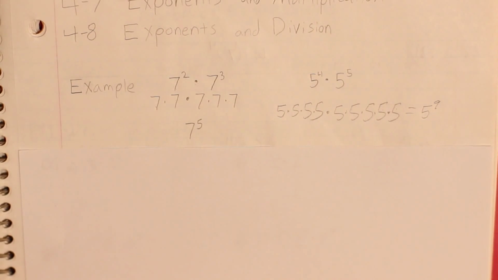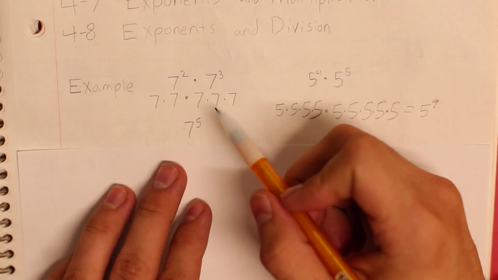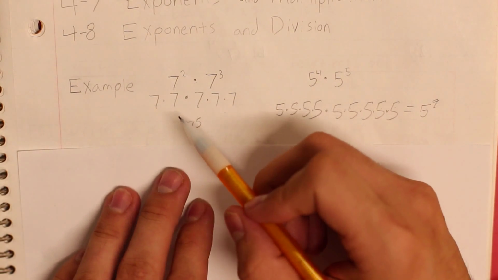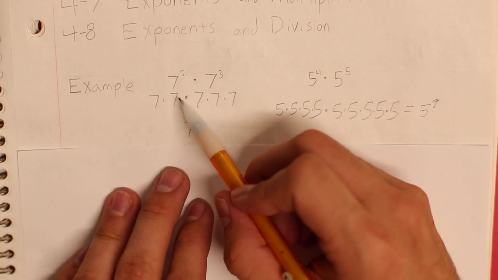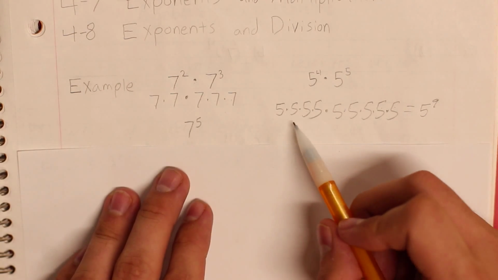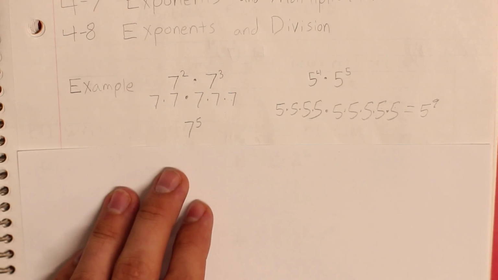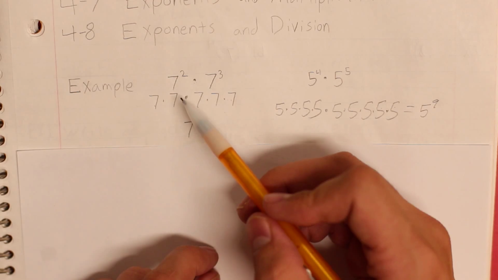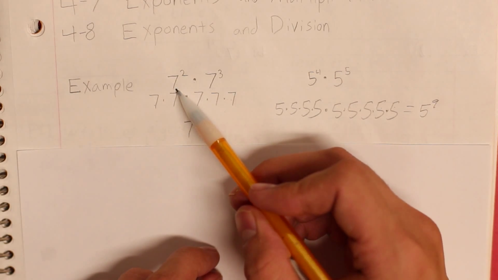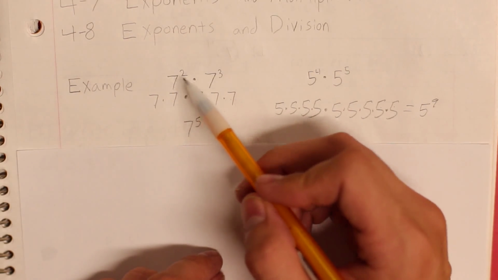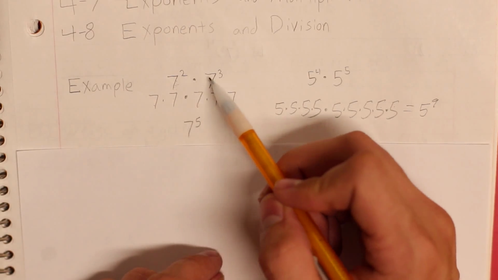Now, I would like to point out something. You do not have to write down 7 times 7 times 7 times 7 times 7 or all those 5s. Instead, here's what you can do. If the base is the same, you see how these two are the same bases?